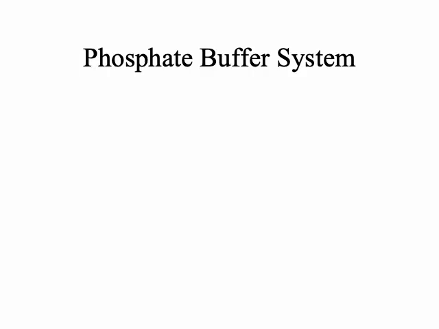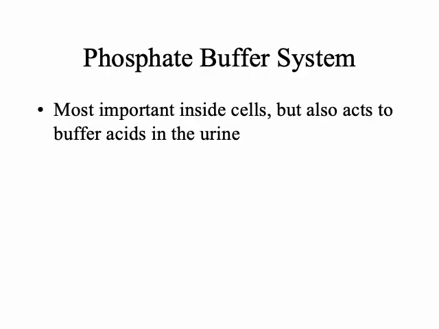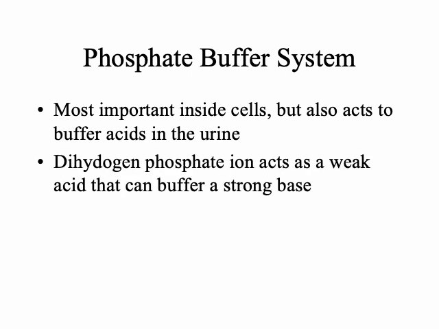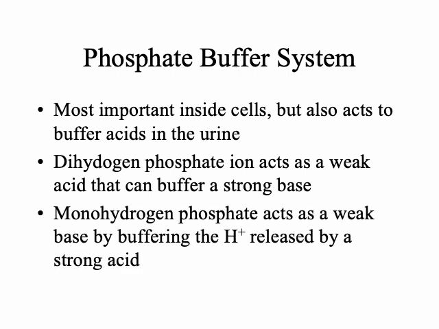For the phosphate buffer system, I will say that you usually only see phosphates inside cells. So this is probably the number one buffer system inside cells. We have dihydrogen phosphate that can donate a hydrogen if it wants to buffer a strong base, or it can, as monohydrogen phosphate, accept a hydrogen if there's a lot of acid in the area.